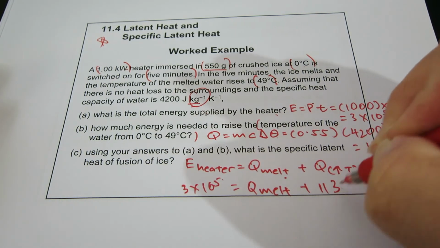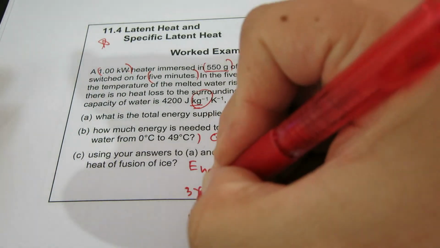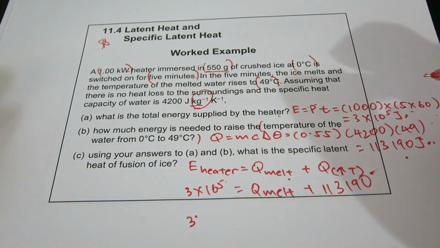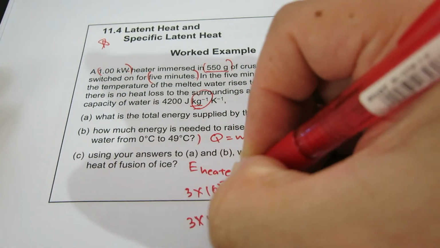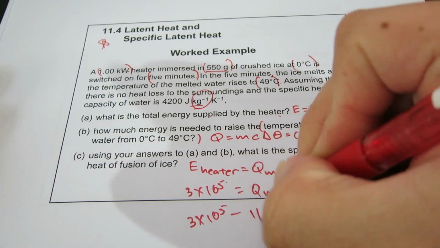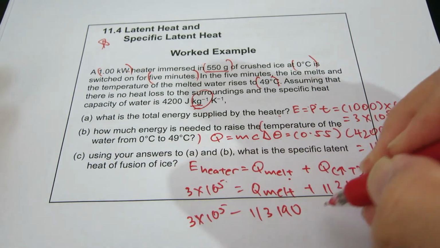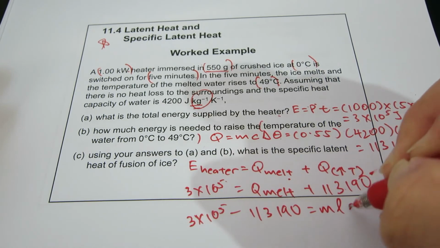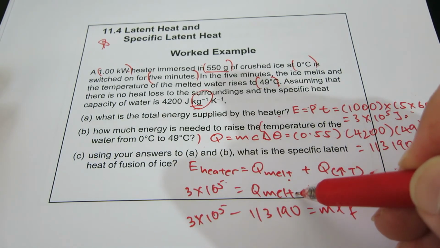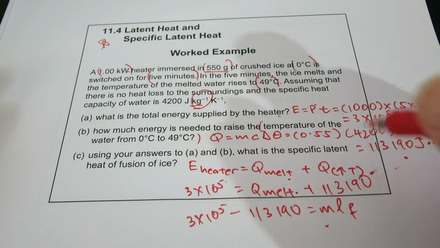So 113190. So 3 times 10 to the power of 5 minus 113190 gives me my mL_f, because the amount of energy required to melt is the mass times the specific latent heat of fusion.